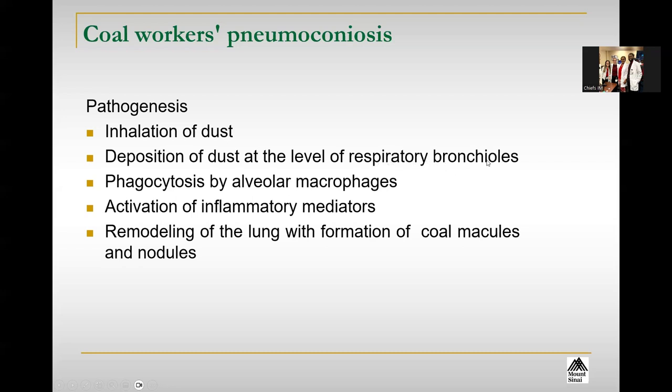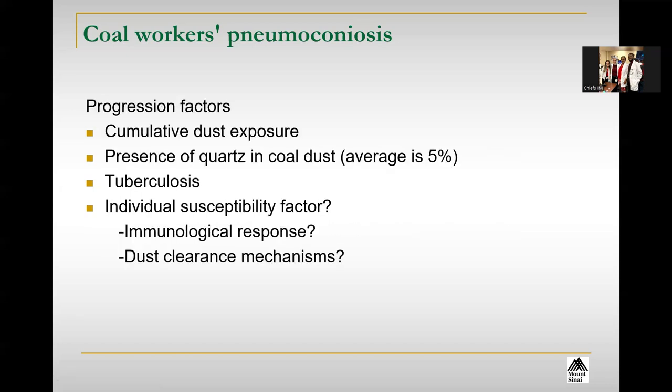So there's some gas exchange in some respiratory bronchioles, and that's why they are called that way. And there's phagocytosis by alveolar macrophages, and by a number of mechanisms that are not fully understood there is activation of inflammatory mediators that eventually leads to remodeling of the lung with formation of the classic coal macules.